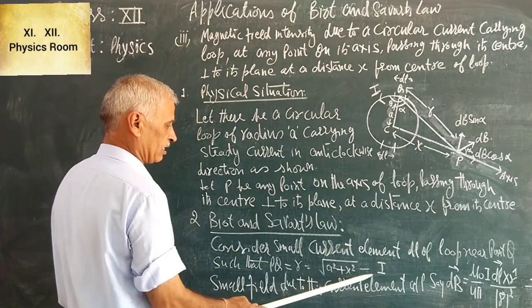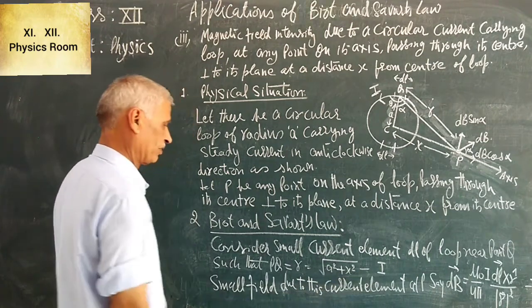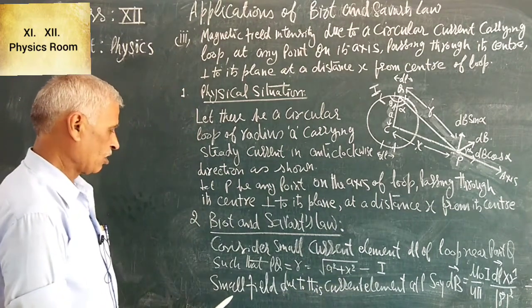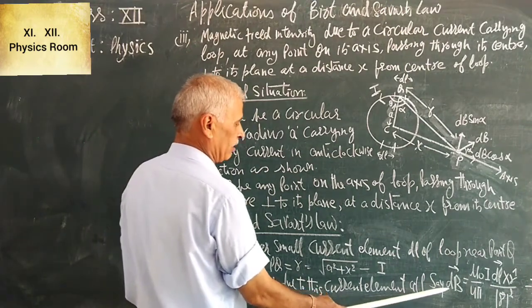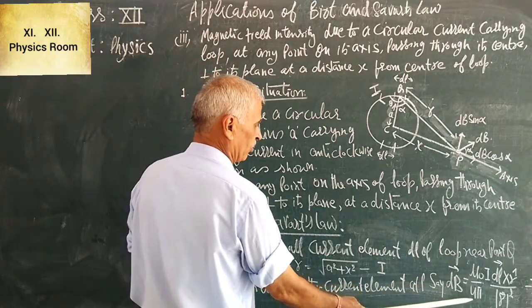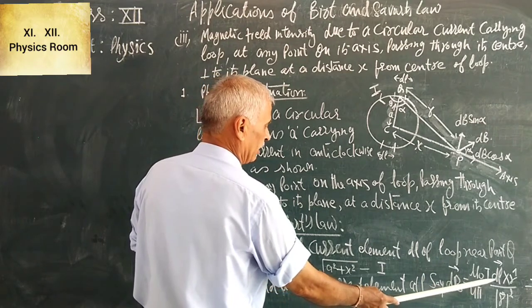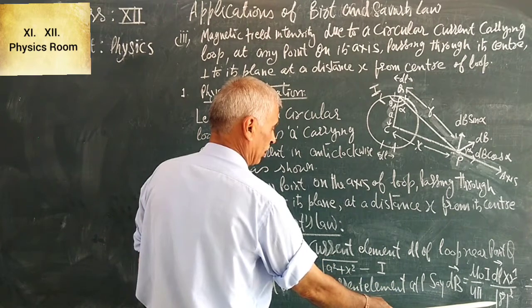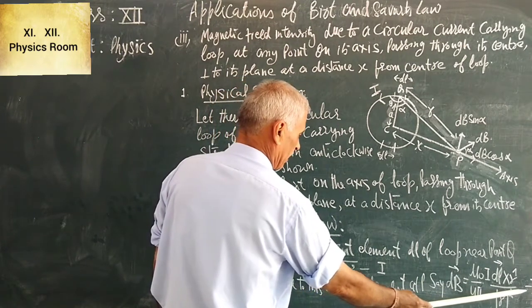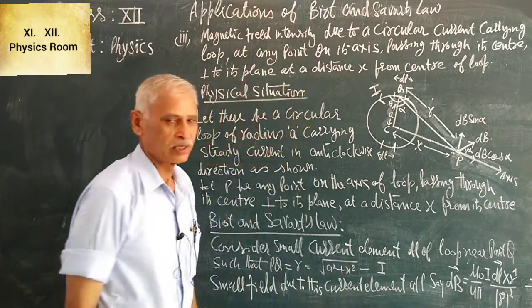Let us mark it as equation 1. Now the small field due to this current element dl, say dB, is equal to mu 0 over 4 pi I dl vector cross r cap divided by mod r square. Mark it as equation 2.